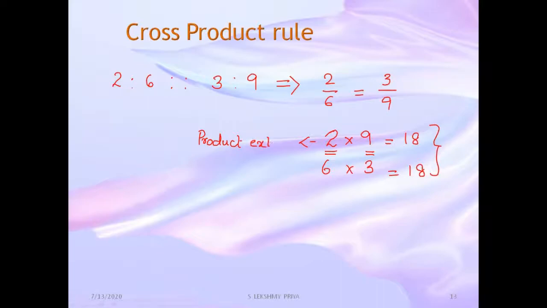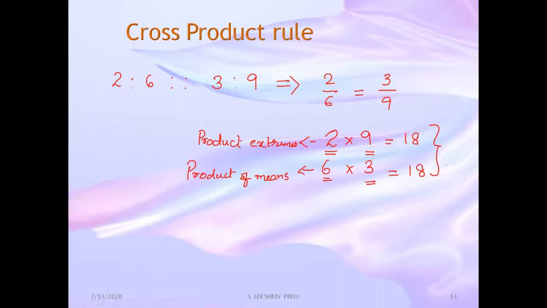It is extremes. What about the second one? 6 and 3. 6 is the second term, 3 is the third term. So these two are the middle terms, and here we find the product of means, middle terms or means.